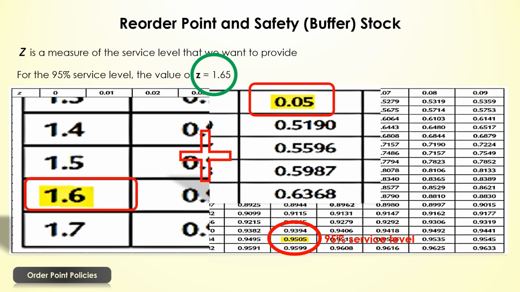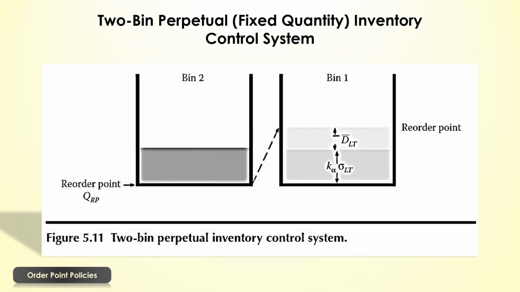Now let's move to another inventory control system, which is the two-bin perpetual, or the fixed quantity inventory control system. The two-bin system is a smart way of continuously monitoring the order point. It is a simple self-operating perpetual inventory system.